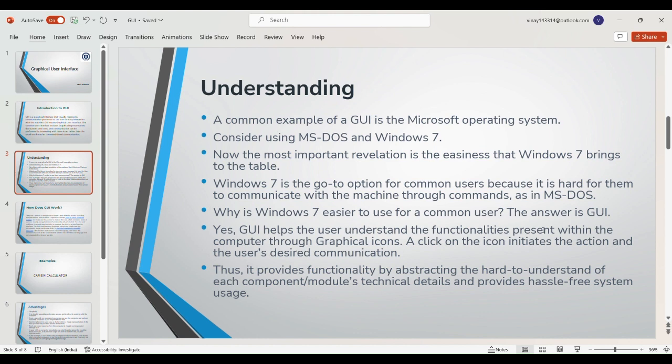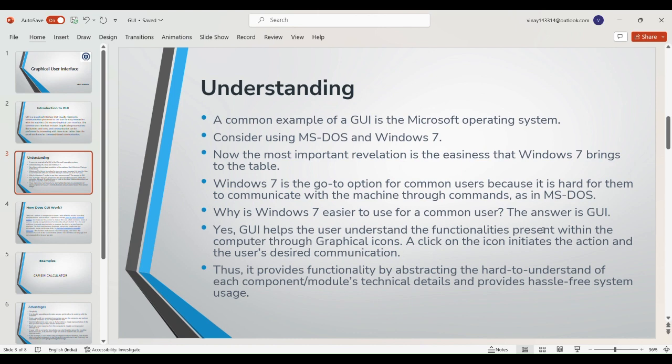A click on an icon initiates the actions and the user's desired communication. Thus, it provides functionalities by abstracting the hard-to-understand technical details of each component module and provides hassle-free system usage.